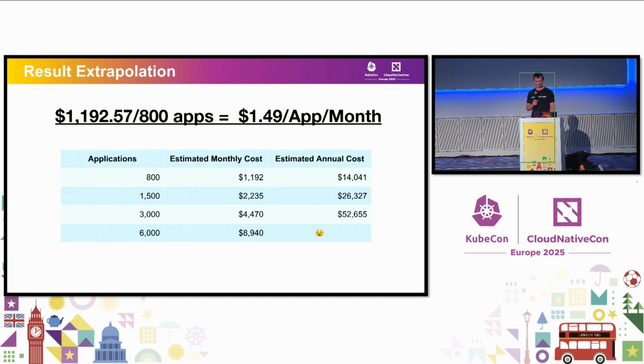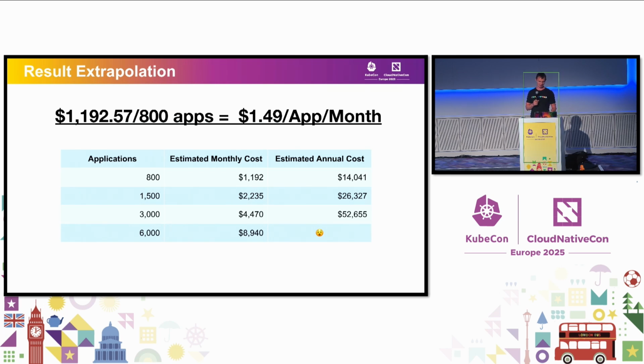And then one way to extrapolate the results. I do realize this is a very naive way to try to measure how much it would cost you if you have a bigger setup, but it tracks very precisely with what we've seen from our experience.